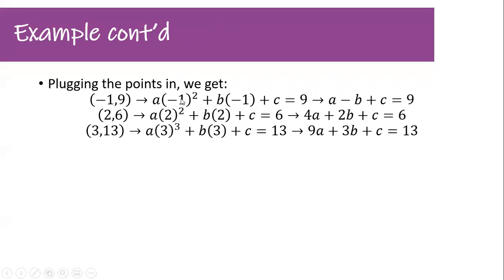Remember, these are just plugging in that x value, equals 9, which is our y value, which if we work that out and simplify, it'll give us a - b + c = 9. If we do the same thing for (2, 6) and (3, 13), we're going to get these 2 equations also. And so now we have a system of equations we can solve. Remember, you can always pause the video to work this out and make sure that you can follow along.